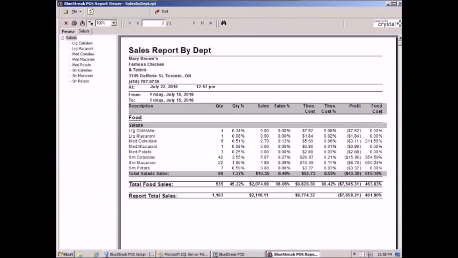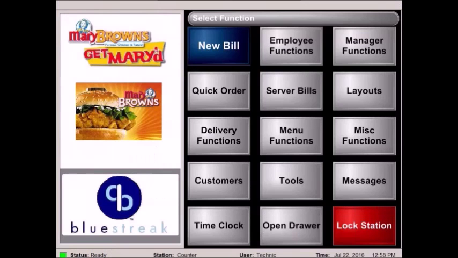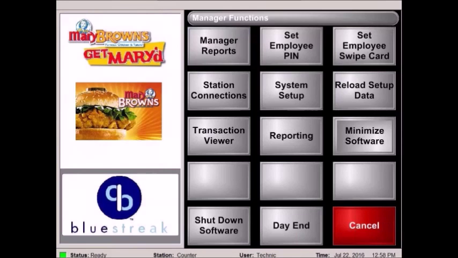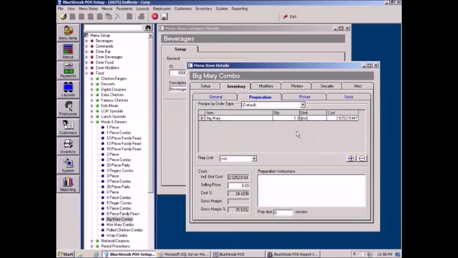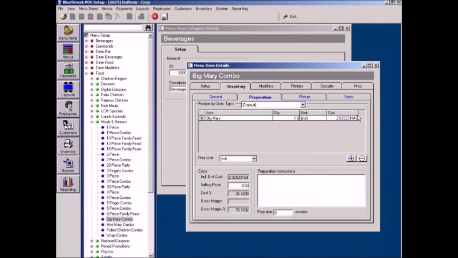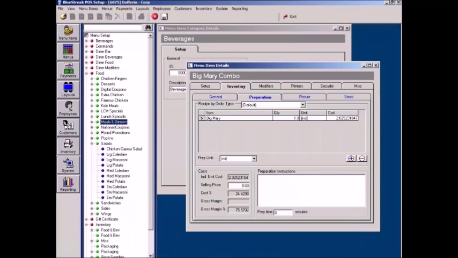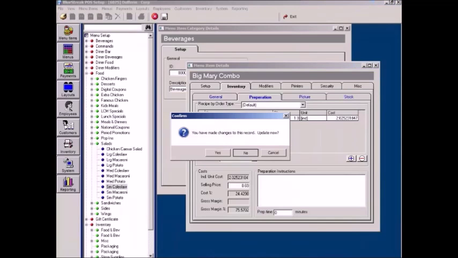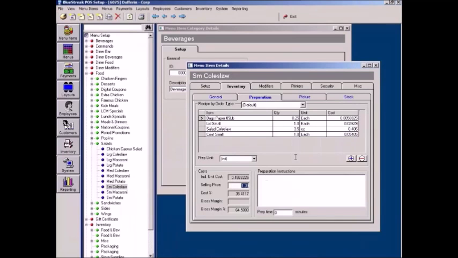So when I look at my Big Mary again in my setup here, we are taking $2.05 here when the Big Mary was selected. And when the cashier selects the small salad, we're taking 49 cents here because they selected the coleslaw versus 48 cents here when they select the potato.